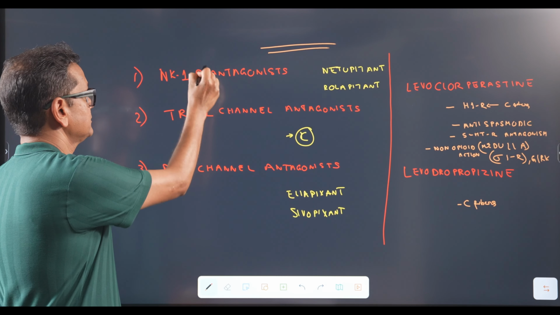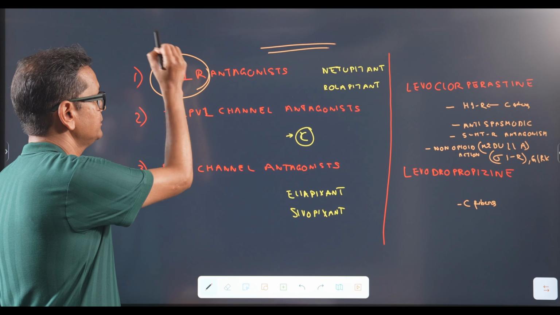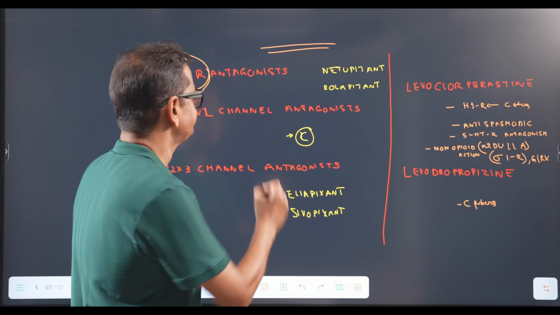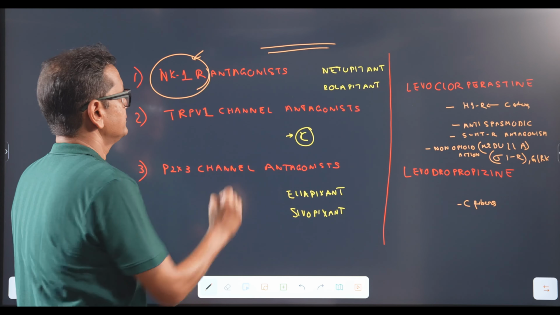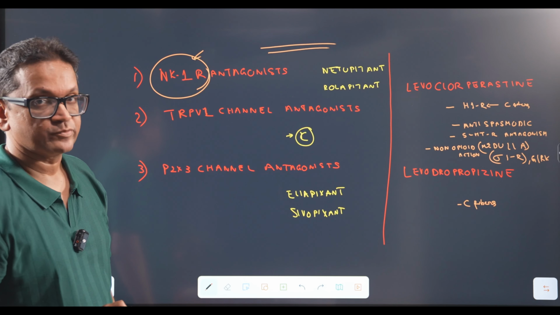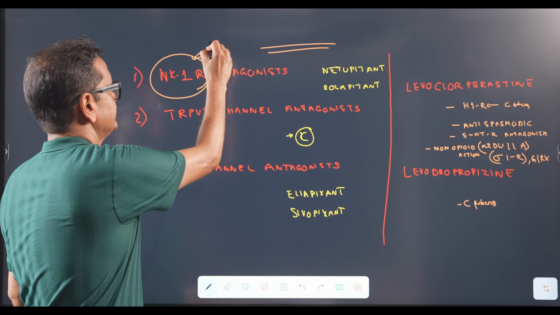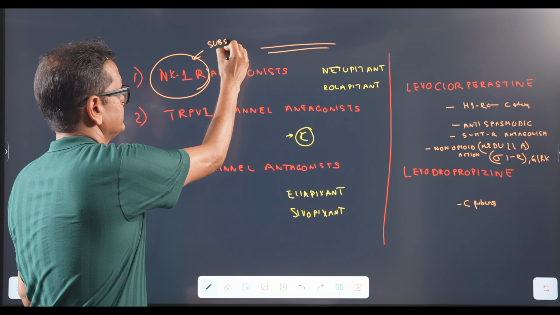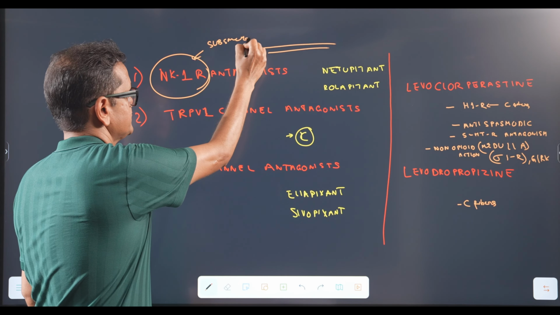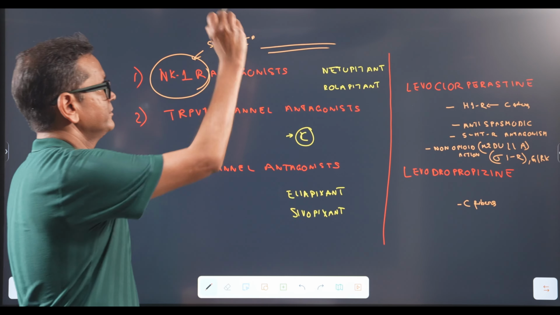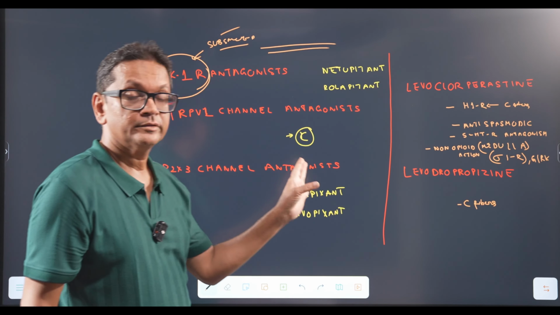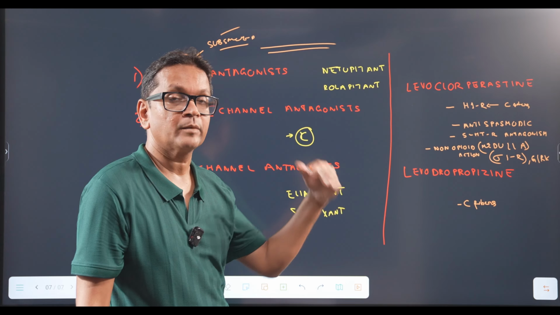The first one is neurokinin 1, the receptor for substance P, which is at the spinal cord and upper levels.